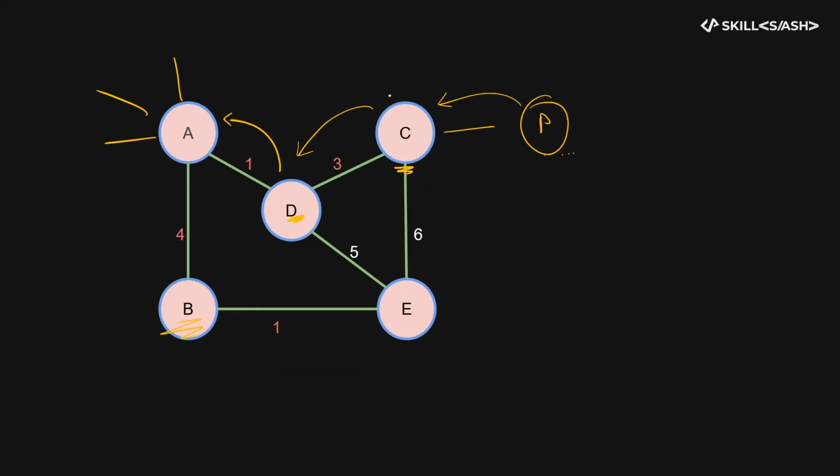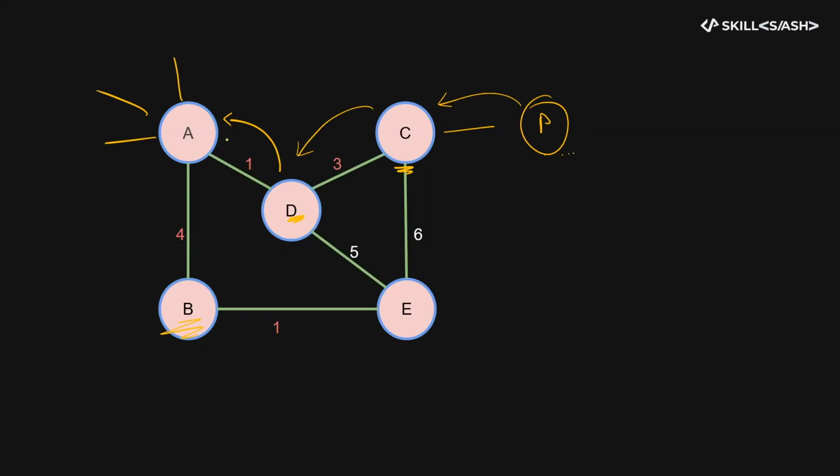Okay, so let's see the Prim's code for the same kind of approach. So what is required right now? It's required that we keep the list of all the edges that we have or can process.